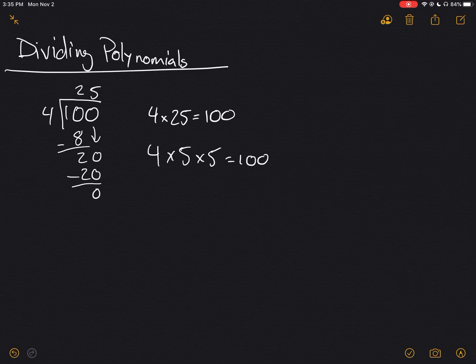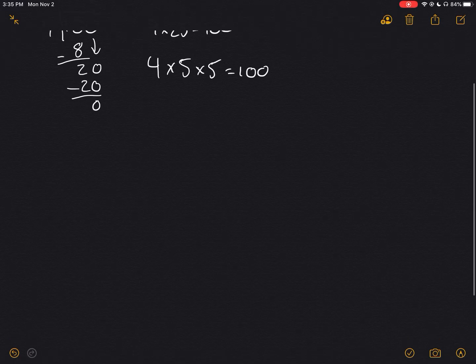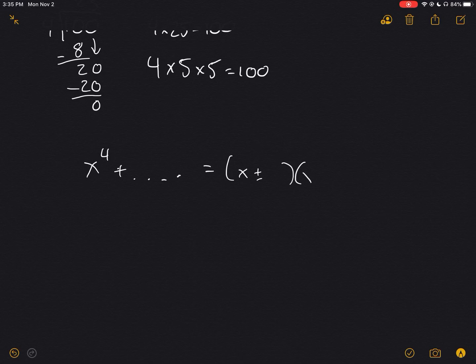So if it's a 4th degree term, I could potentially factor out 4 binomials, okay? And then what I get is I would take something that's x to the 4th and be able to write it as x plus or minus something times x plus or minus something, 4 times, right? So that's the goal of polynomial long division.